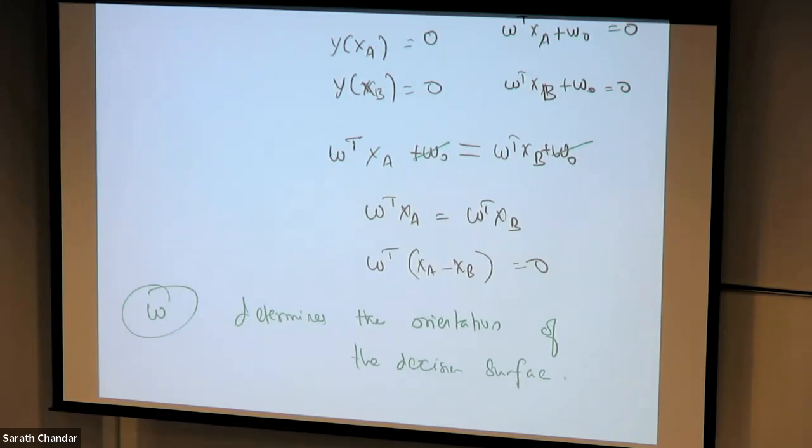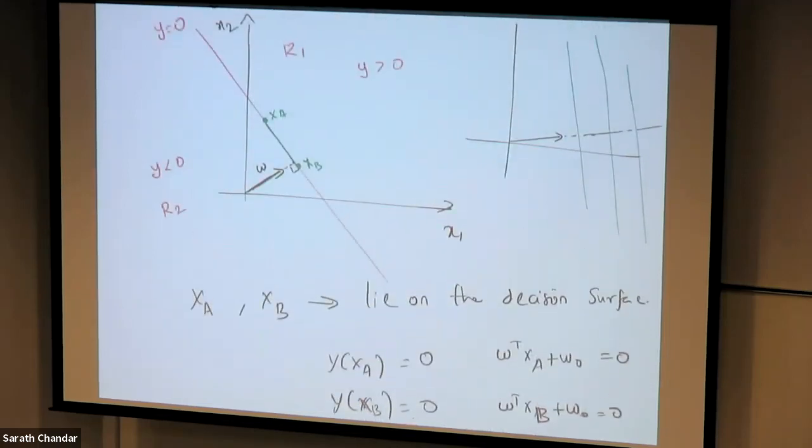Is that clear? Now W tells us the direction, but where do I place this vector? Who is going to decide where to keep it? Is this my decision surface, or this, or this? Can someone answer even without equations?